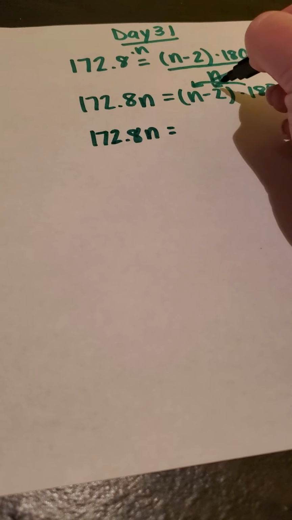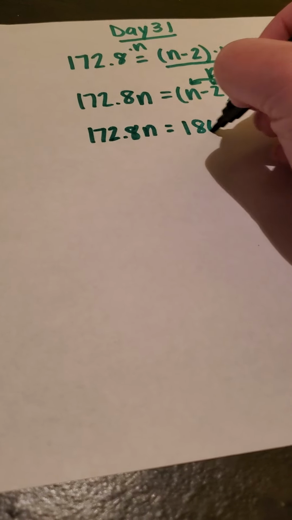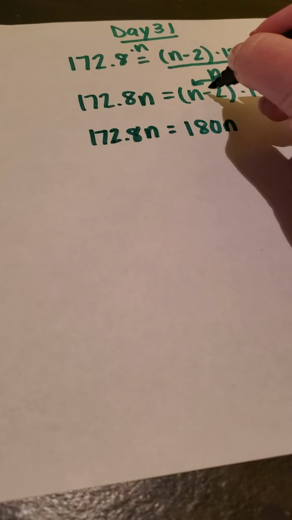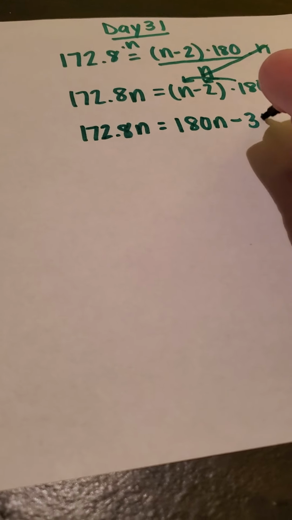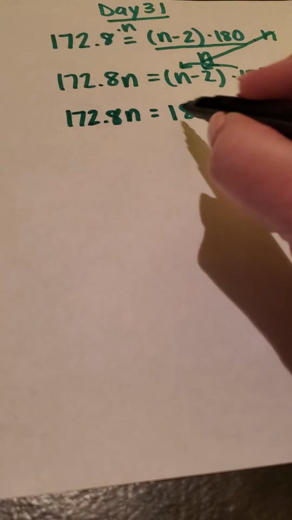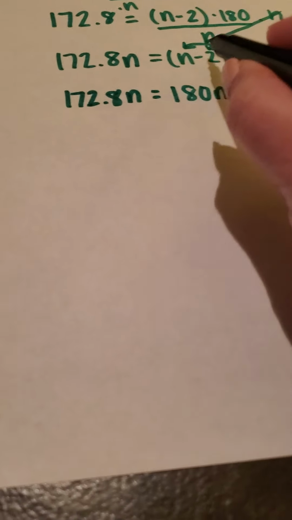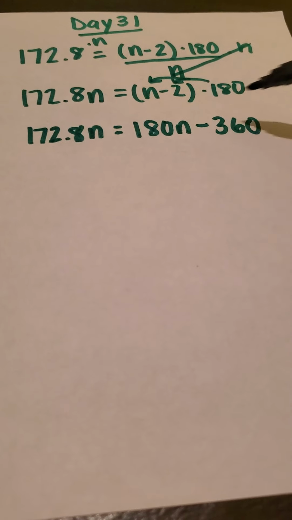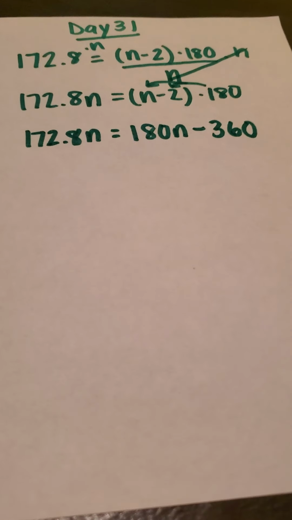So 180 times n is 180n. 180 times negative 2 is a negative 360. And that's actually going to happen over here every single time, because it's a formula. This part is not changing. So when I distribute my 180, I get 180n minus 360 every time.